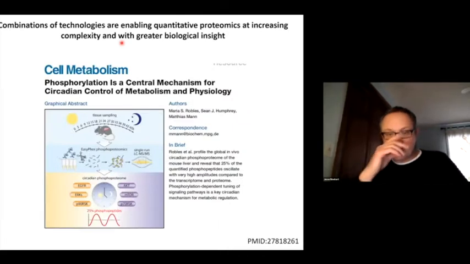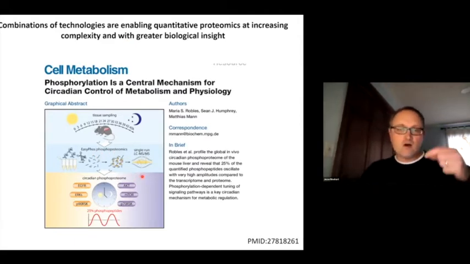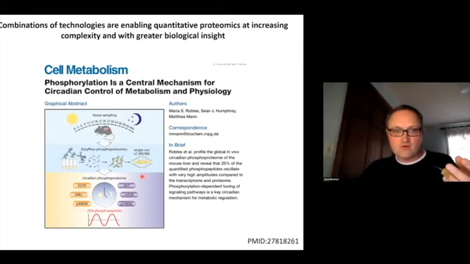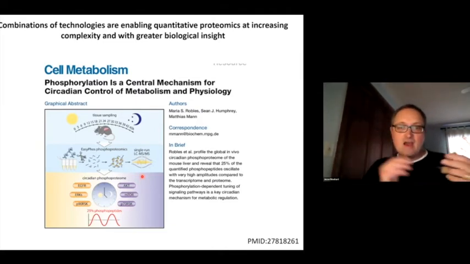Another one I thought was very interesting is thinking about the phosphoproteome. When I say phosphoproteome, that means all the sites of phosphorylation in a proteome. So it's beyond just asking what proteins are expressed in a cell or an organism, or what sites are phosphorylated, and now asking how all these sites change in a biological context.